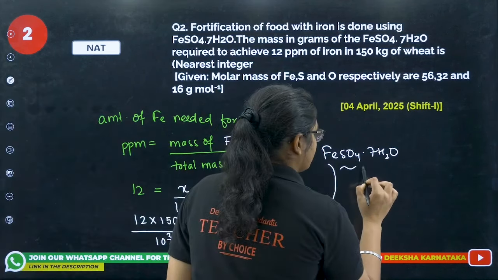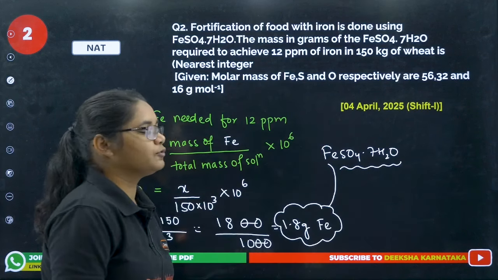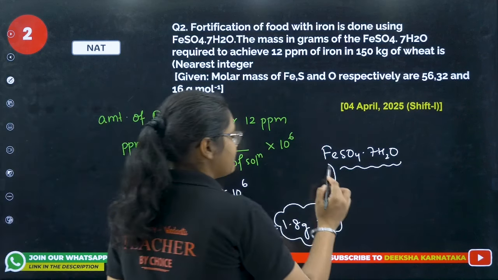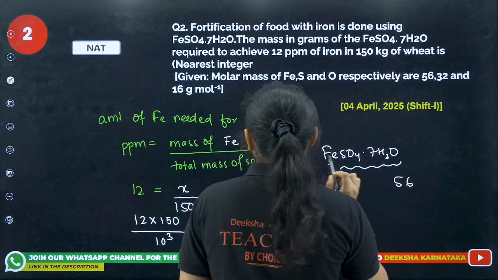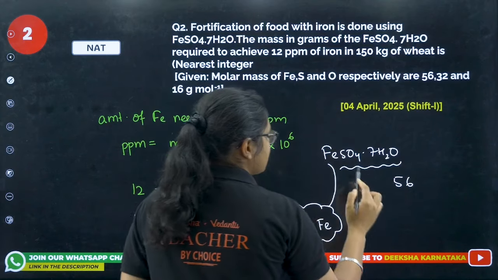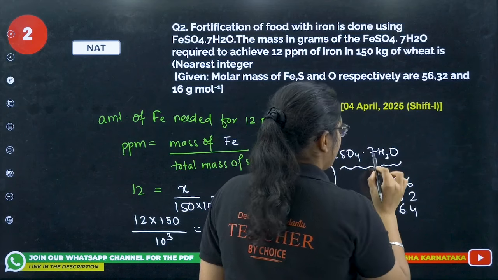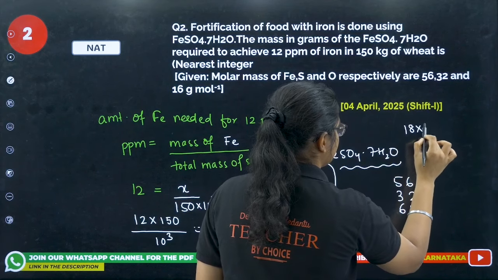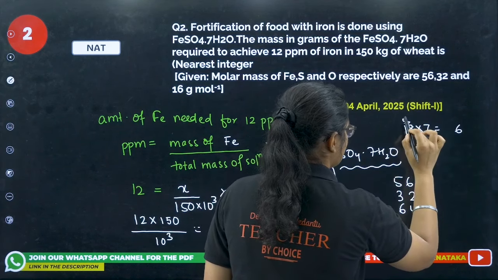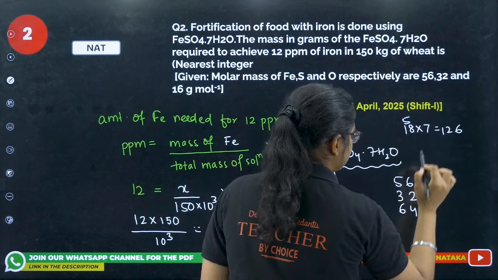So first let's calculate the molar mass of FeSO4.7H2O. Fe mass is 56, that is given to us, all the molar masses. Sulfur is 32, oxygen is 64, okay, and here we have 18 into 7, 126.